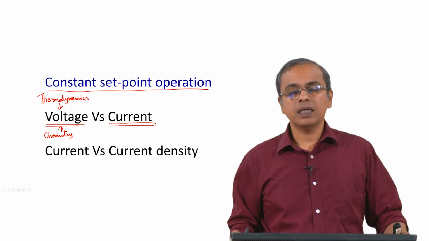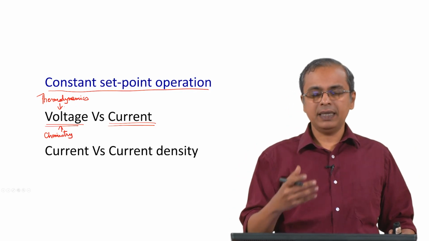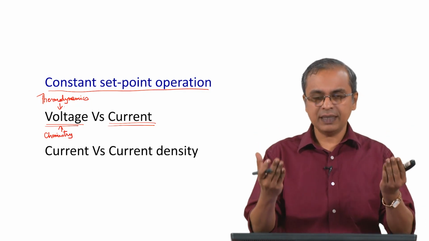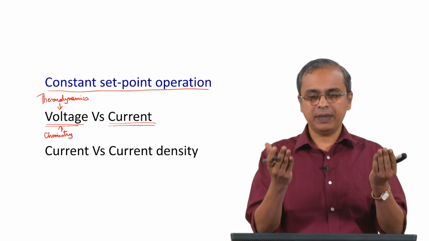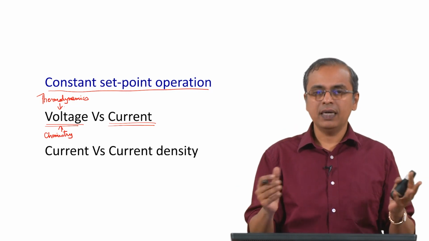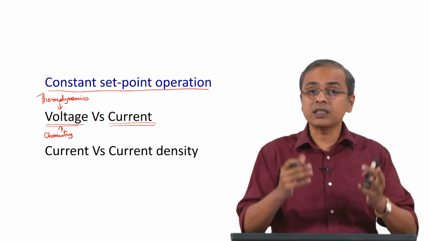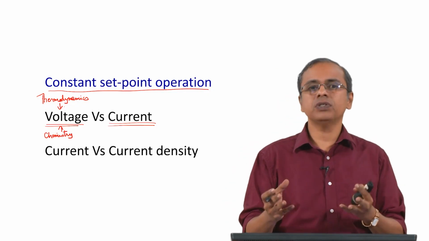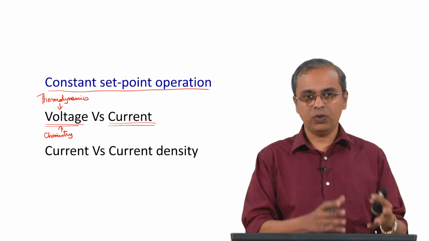The thermodynamics of a system basically deals with what will happen under equilibrium conditions. You give it the best condition possible, you give enough time for some reaction to occur. What is that reaction that is going to occur, what is the urge for the reaction to occur, what is the driving force for the reaction to occur? That driving force represents itself as a voltage.